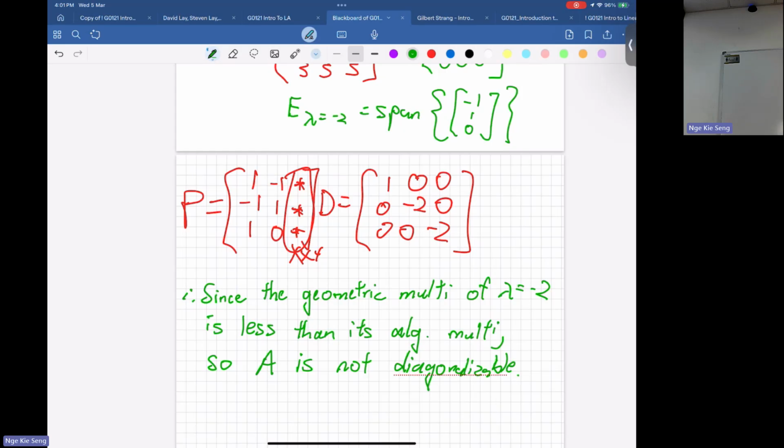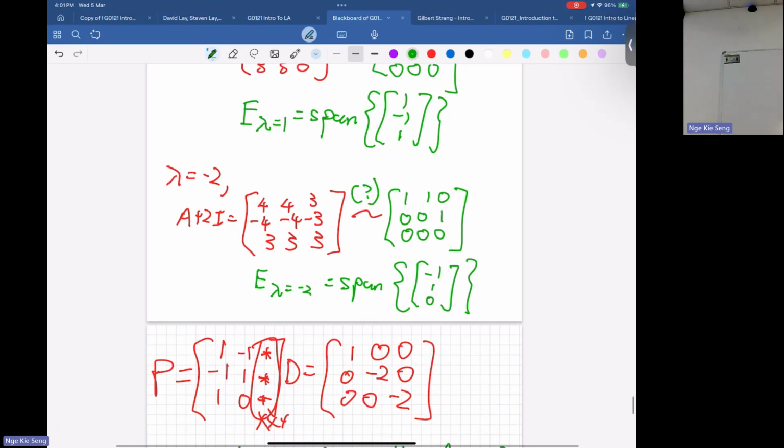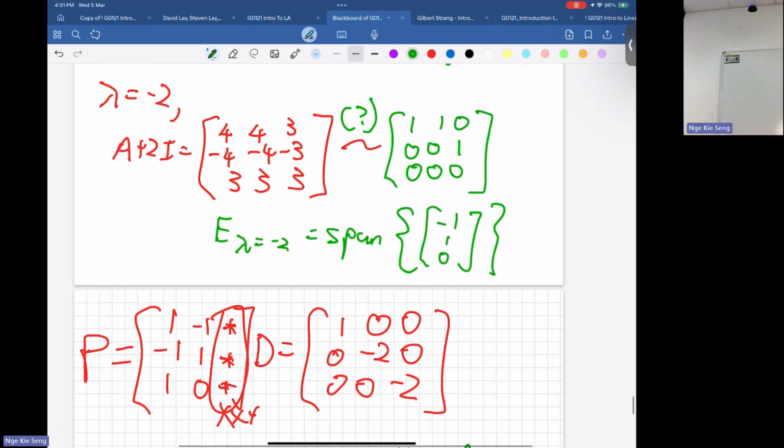In this case, the dimension of the eigenspace is not equal to the algebraic multiplicity. It's possible to happen. We already gave you an example. So you need to be careful when diagonalizing a matrix with a repeated eigenvalue.